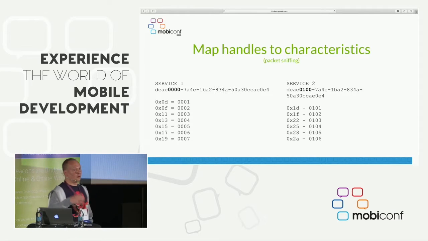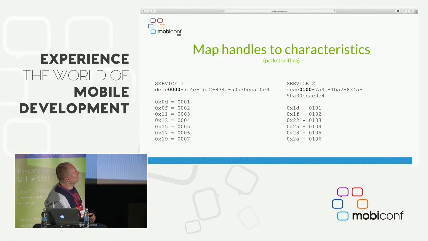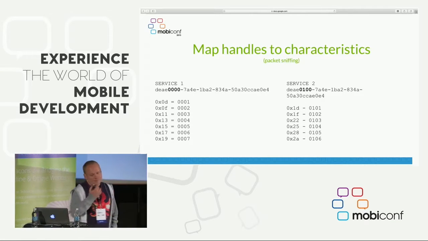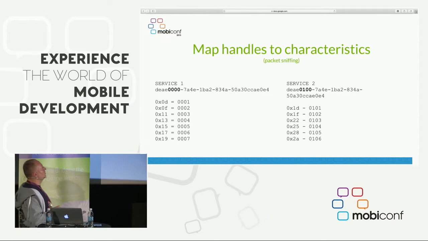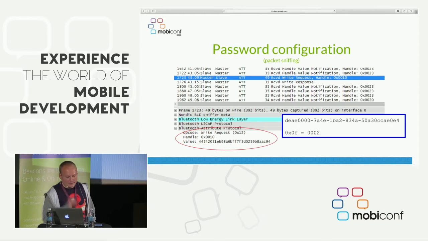If you query the beacon for services, you receive different values like DEAE 0001, 2, etc. So I created a very simple mapping. This doesn't look fancy right now, but what next?